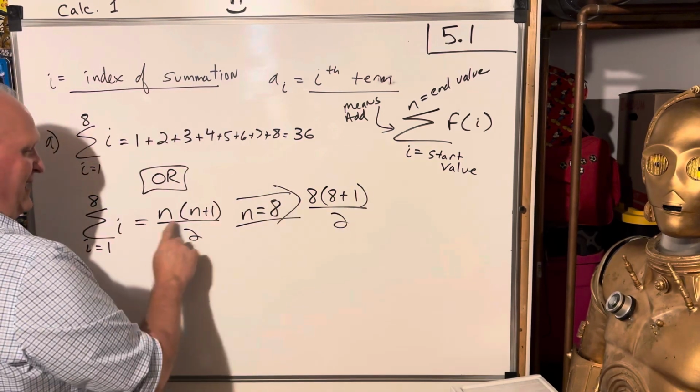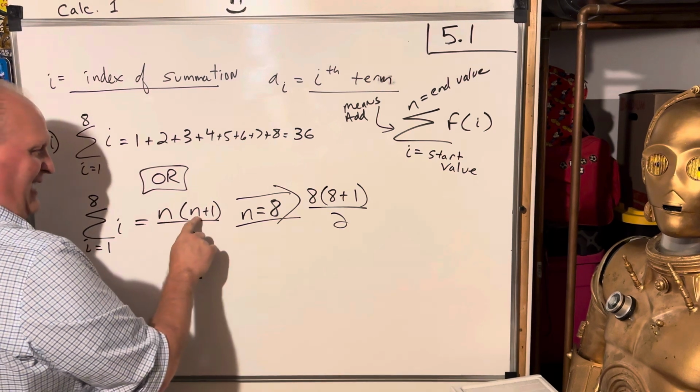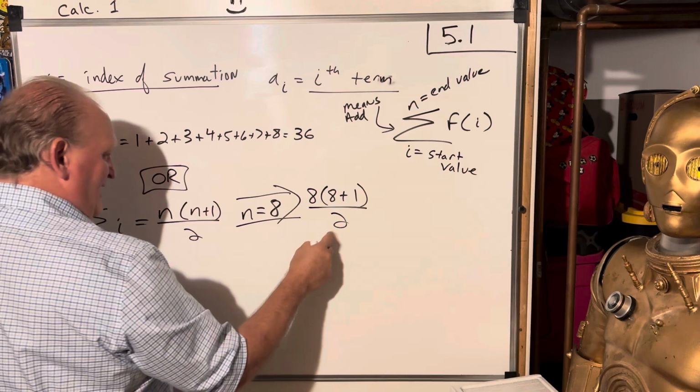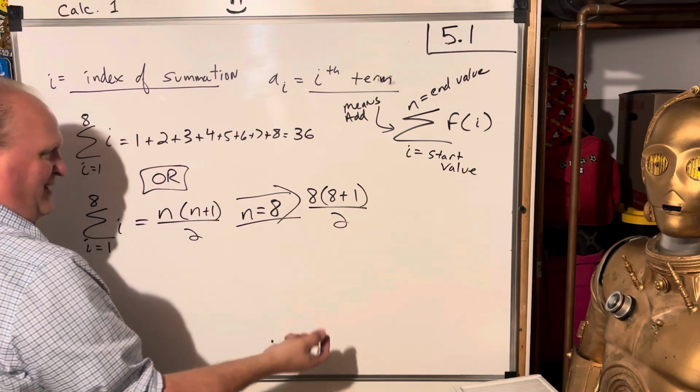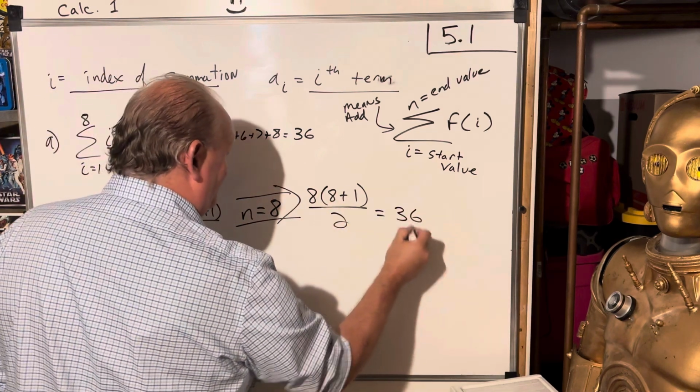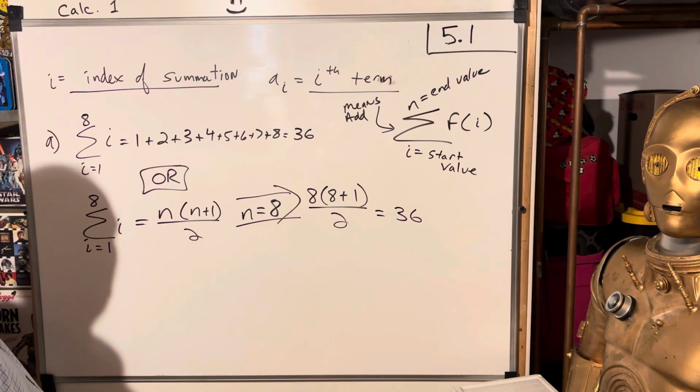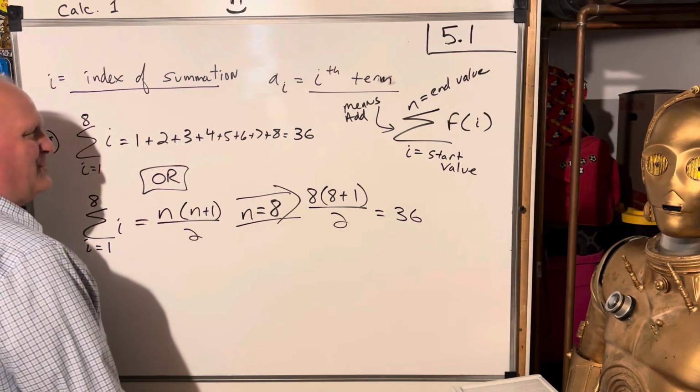So this would work too. Look, if you take 8 and 8 plus 1, 9, 8 times 9, and then divide it by 2, multiply those and divide by 2, and you'll get 36. And he figured that out. I want to say it was something like this.